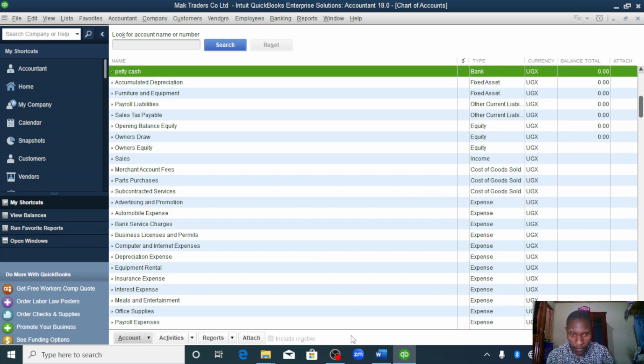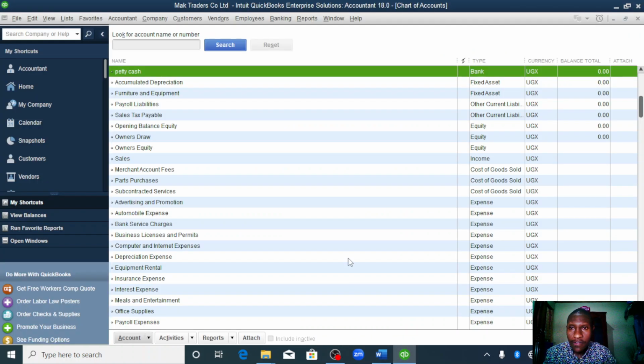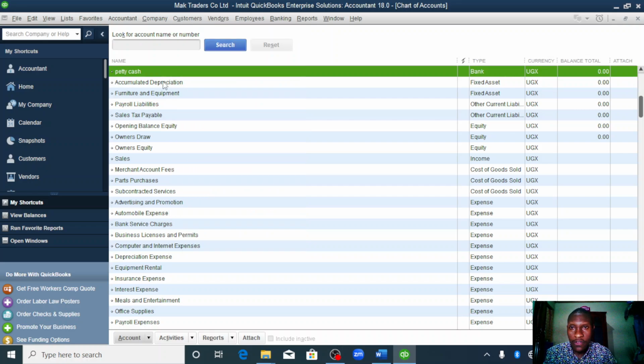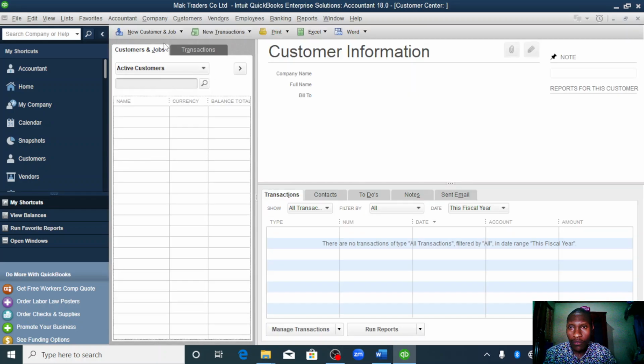Then we get back to our question. It is giving us the list of customers. Now we are going to enter the customers. We go here on customers, go to customer center, we add new customer, we say new customer.